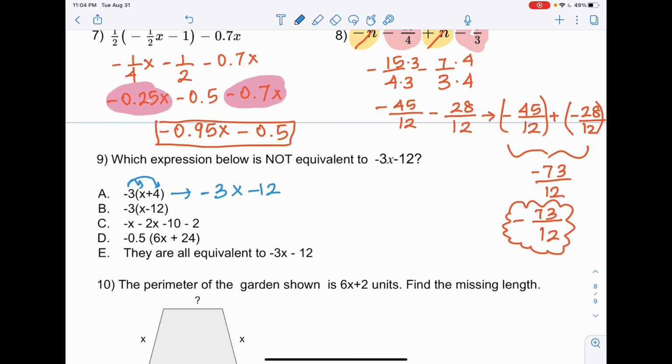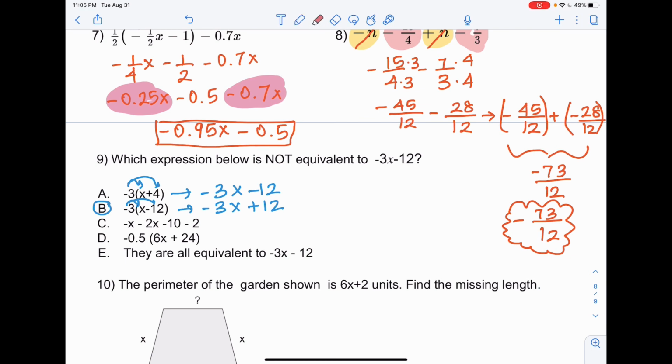So let's check the second one. It is going to be negative 3x. Negative 3 times negative 12 will be positive 12. So definitely this is one of them if we have more than one. The third one here, we have to combine like terms to see if expression C is the same as negative 3x minus 12.